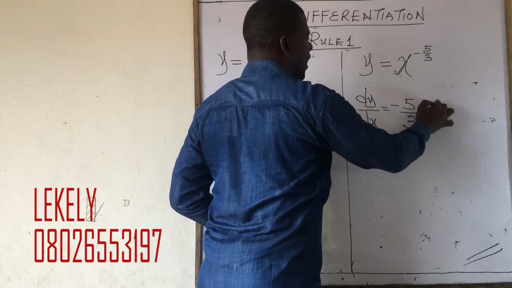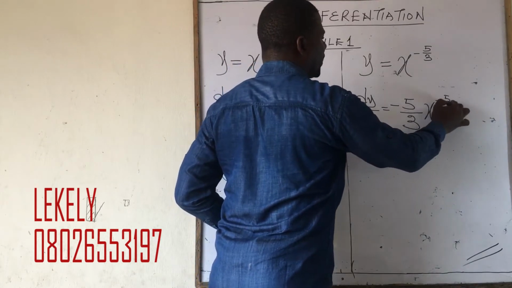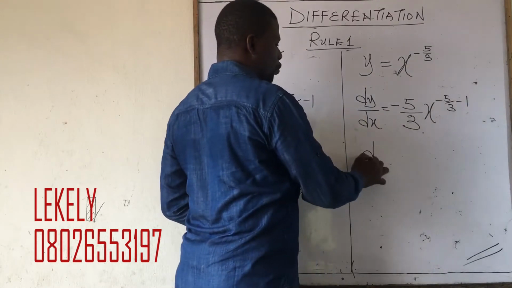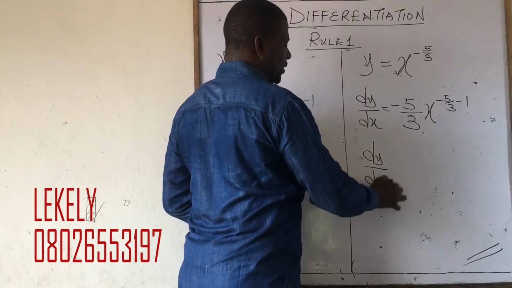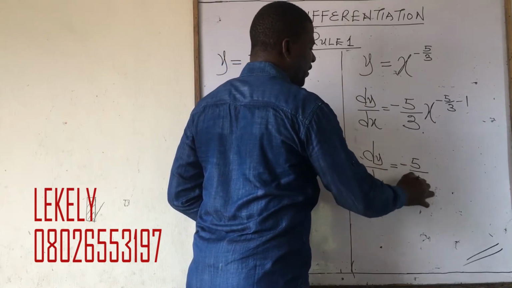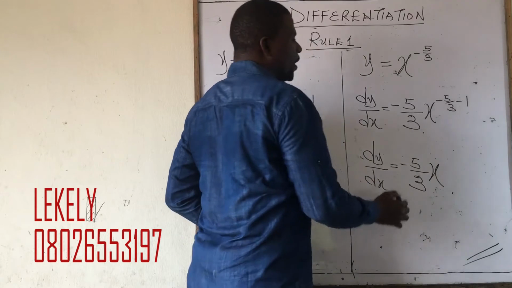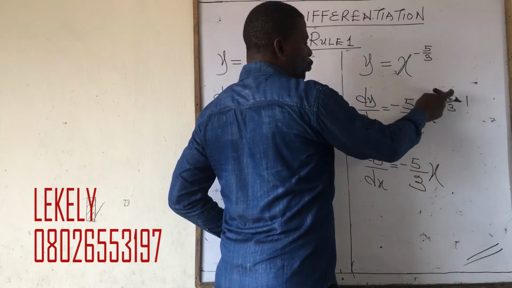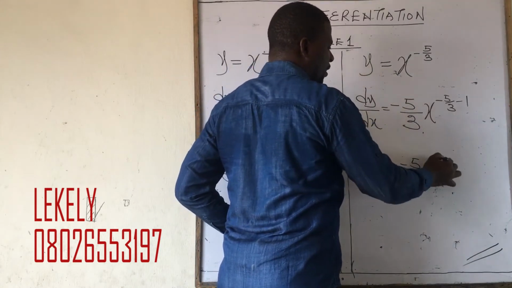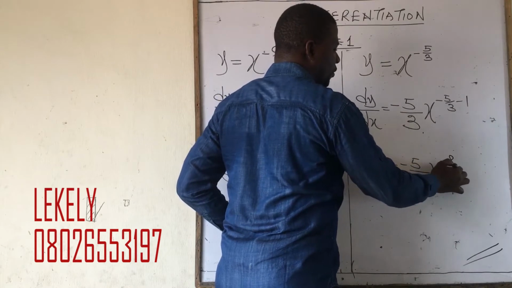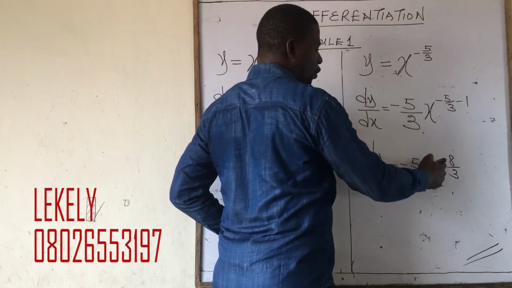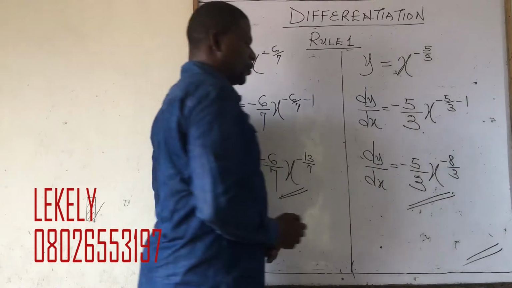Minus 5 over 3 x raised to power minus 5 over 3 minus 1. So my dy dx is now going to be minus 5 over 3 x raised to power. So you just add these two together, 5 plus 3, that's minus 8 over 3. Because of this minus, you will still put it there. So you see that?